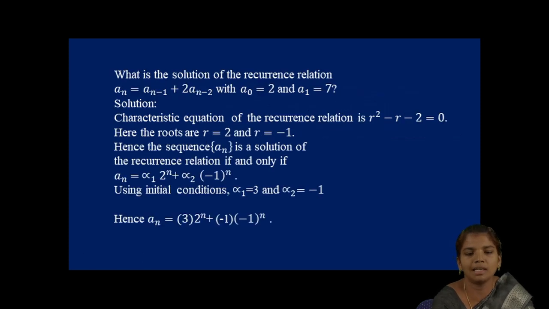Here our recurrence relation is a_n equal to a_(n-1) plus 2 a_(n-2), so c1 is 1 and c2 is 2. So the characteristic equation is r squared minus r minus 2 equal to 0. This is a quadratic equation, so we find the two roots because the degree is 2.